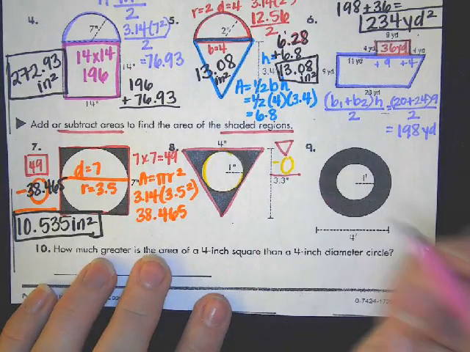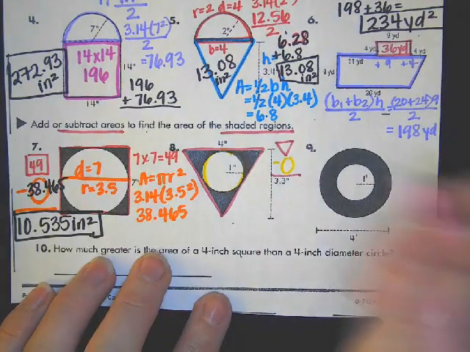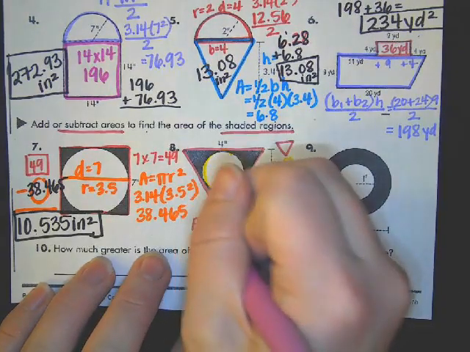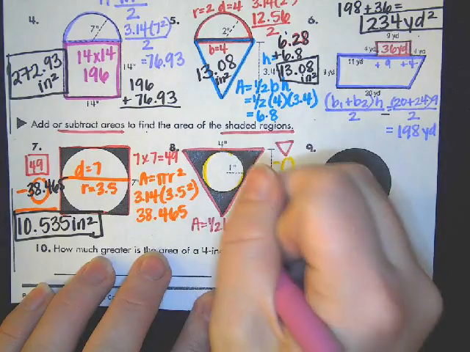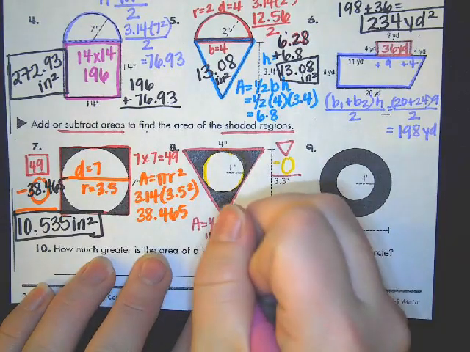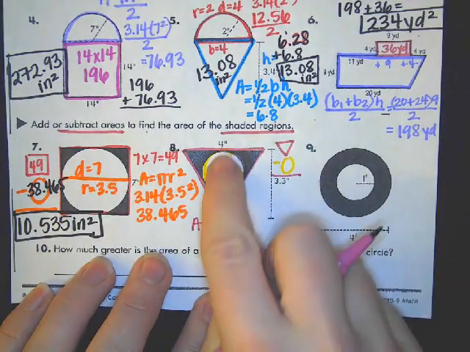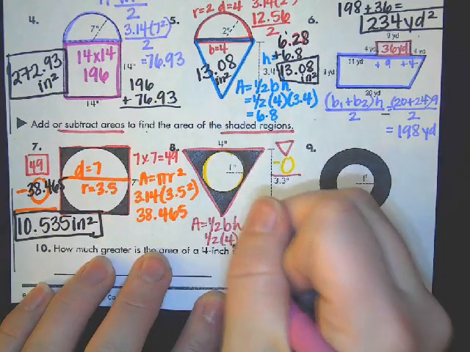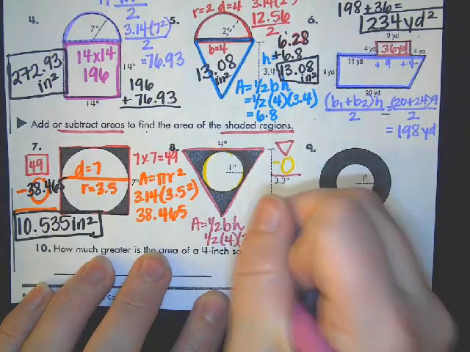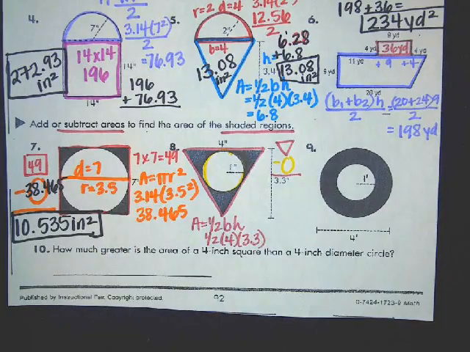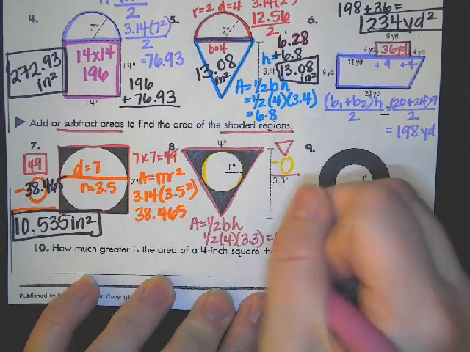For the triangle, I'm going to say area equals 1/2 base times height. That means I'm doing 1/2 times my base, 4, times my height, 3.3. In your calculator, 4 times 3.3 divided by 2, or times 1/2, gives us a total of 6.6.